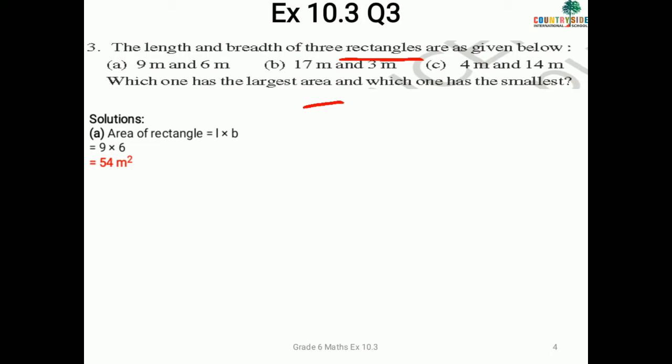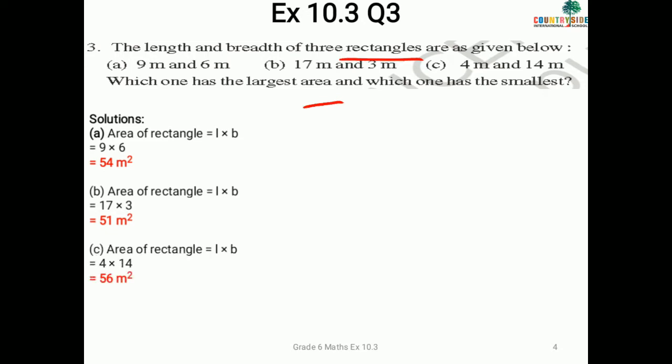Similarly for the B part, length is 17, breadth is 3. So 17 into 3, that is 51 meter square. In the similar way, let's find for C, 4 into 14, that is 56 meter square. Now my dear students, from these 54, 51, 56, they are asking which one is the largest area and which one is the smallest.